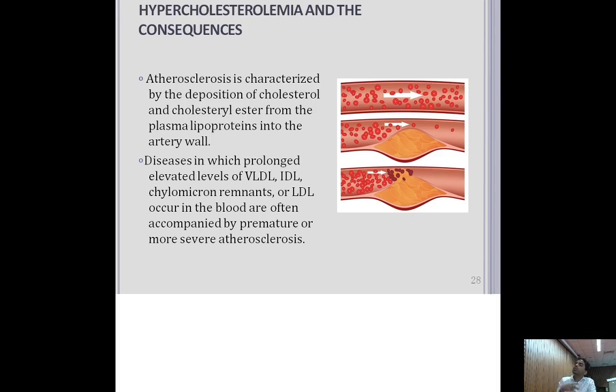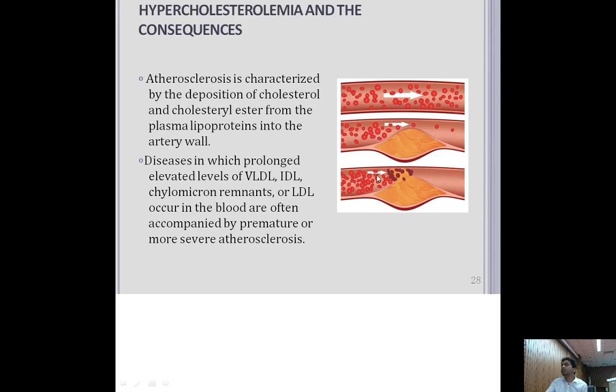So which lipoprotein normally causes circulation of cholesterol in the plasma? LDL, because it takes cholesterol from the liver and gives it to the extrahepatic tissue, and excess of this circulation is not good. If excess happens, the excess cholesterol and cholesterol ester from LDL will get deposited in the arterial wall and form plaque.